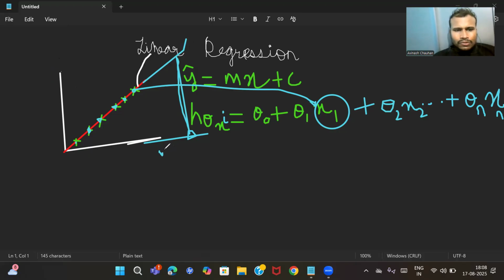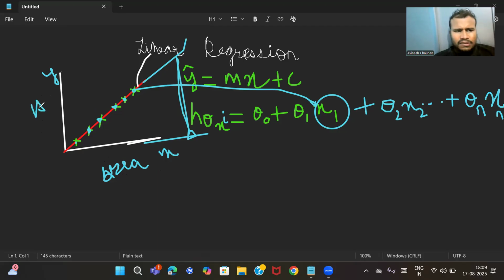Yeah. So this was X and this was Y. Right. So, for example, this is my area, right?